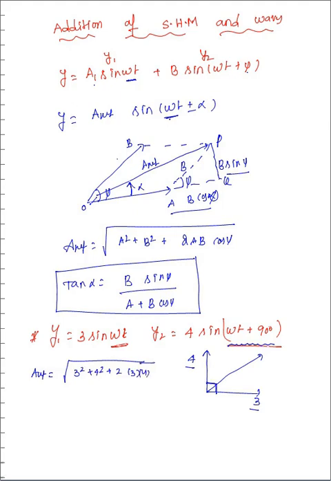This angle is 90 degrees, and cos 90 is 0, so this term becomes 0. So A net equals the square root of 3 square plus 4 square, which is the square root of 9 plus 16, that's root 25. Therefore A net equals 5.